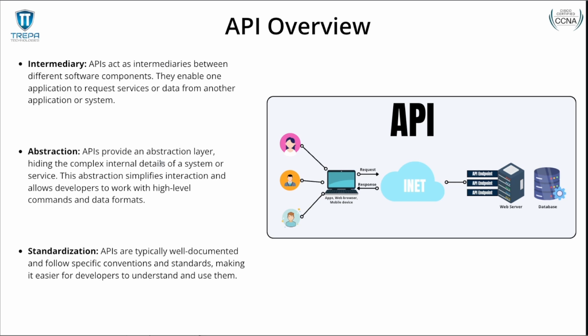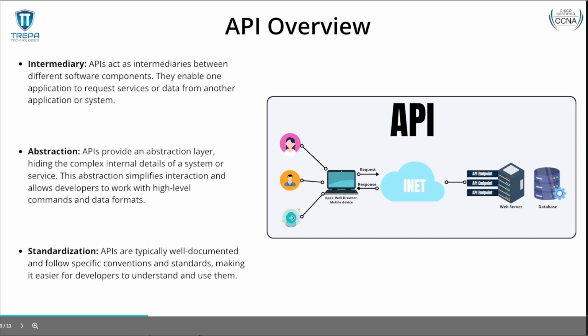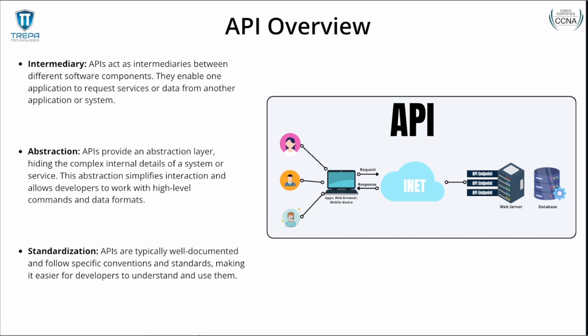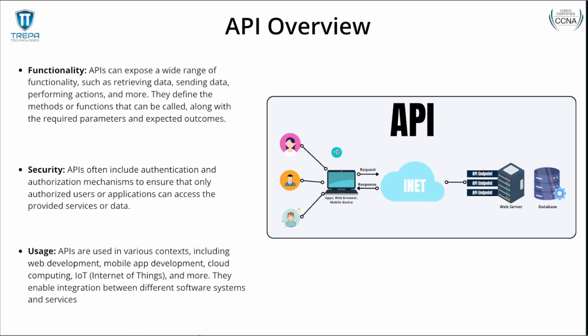Again, that is us separating the backend of that web server from the database to have that separation. And then standardization. APIs are typically well documented and follow specific conventions and standards. And of course, another form of standardization, they use JSON to send that information from the database. So a standard notation, a way to read information that all languages can use.